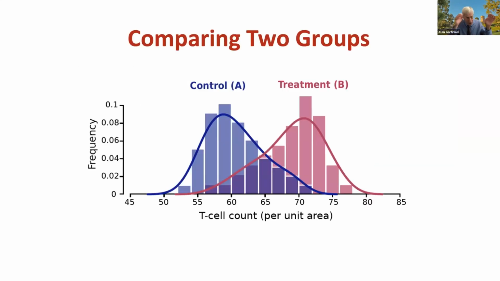So let me just close by showing you what this would look like. So I have two groups, a control group and a treatment group, and I'm looking at what the drug B did to the T cell counts in a Petri dish. And here is my data.